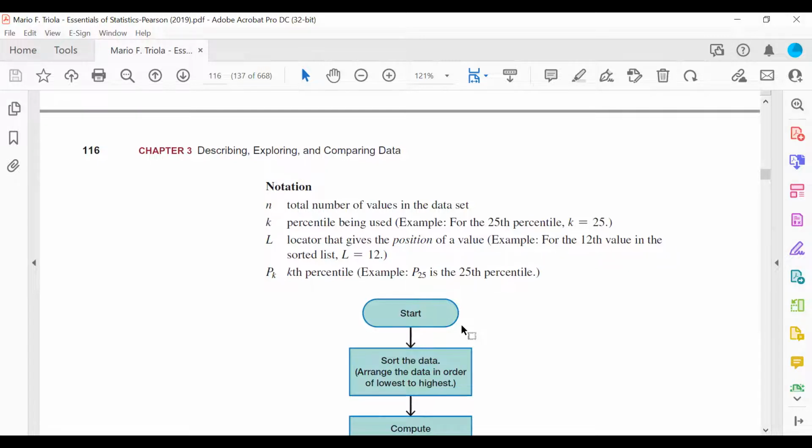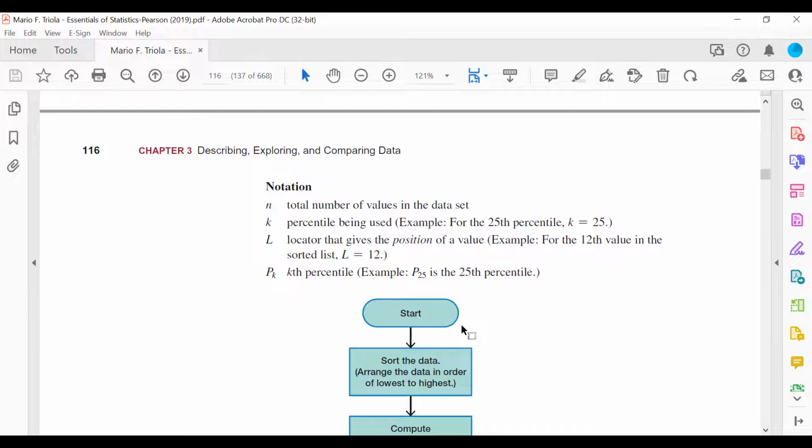All right, so notation. We're going to use n to represent the total number of values in the data set. We're going to use a lowercase k to represent the percentile. So 25th percentile, k is 25. L represents the locator.